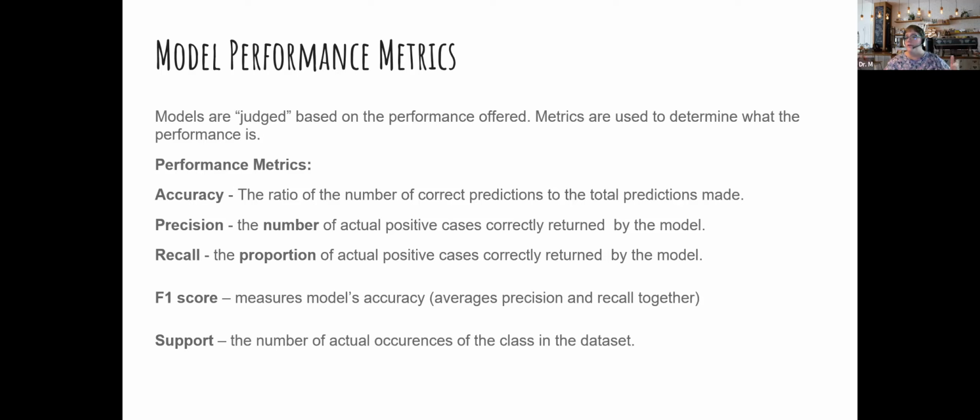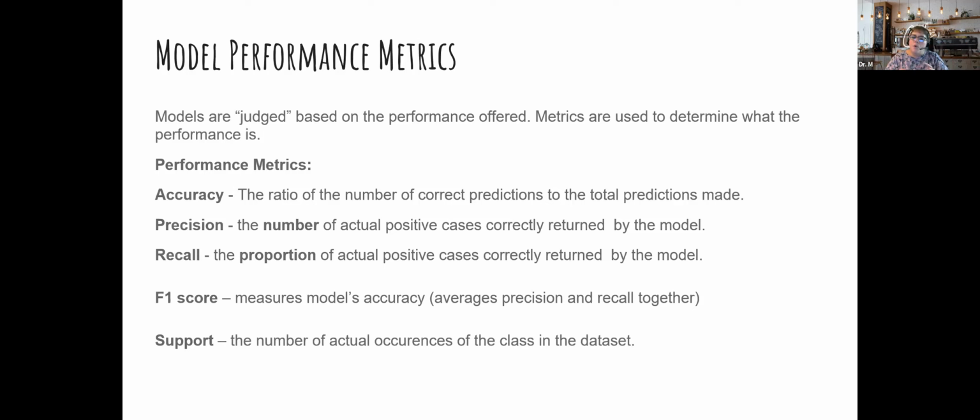Let's say you had 500 records and only 100 of them were spam. Well, that's a low support relative to the 400 that were actually not spam. So how can we train the model if we have an imbalance like that, right? Here we have 400 not spam emails, which are good, which we want in our inbox. We only have 100 spam. So that would be low support.